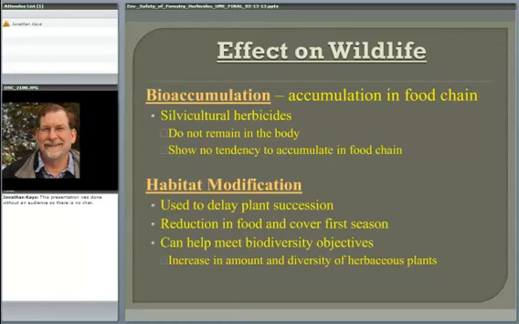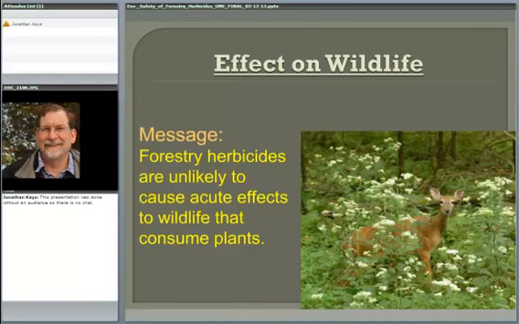And there's a wide variety of biodiversity objectives that can be met using herbicides, which may actually increase the amount and the diversity of herbaceous species, which affects the diversity of wildlife. So that's the real benefit here, is habitat modification. I wouldn't be too concerned about these bioaccumulation effects. It just doesn't seem to be the evidence that that is a problem. So the effect on wildlife, basically forest herbicides are unlikely to cause acute effects to wildlife that consume plants. It just doesn't really seem to be a big issue.